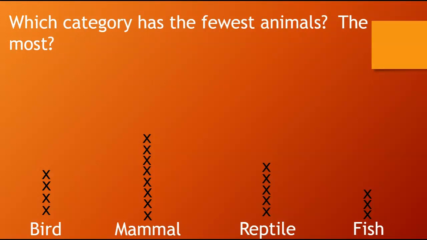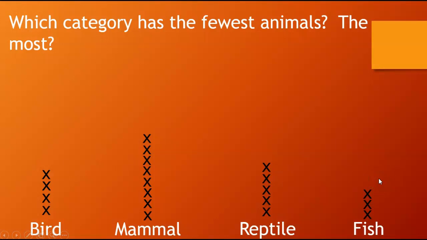Next question. Which category has the fewest animals? Which has the most animals? So let's start with the fewest. Which one has the fewest? If we're looking at our graph here, which line is the shortest and which one has the least amount of X's? That is the fish.